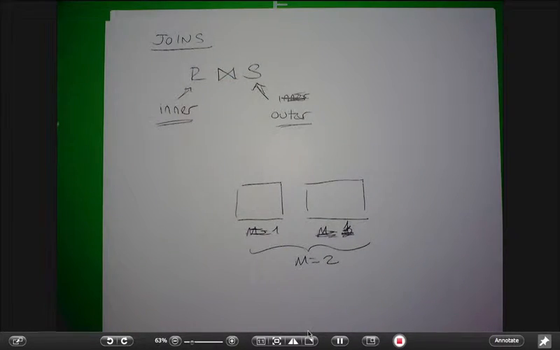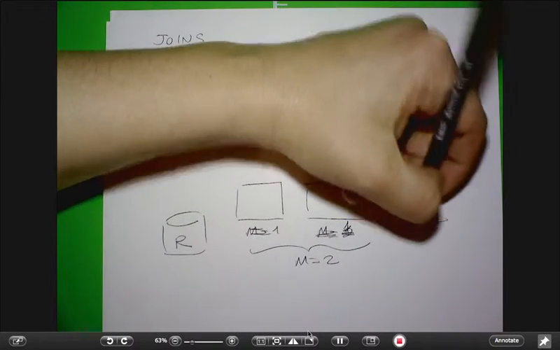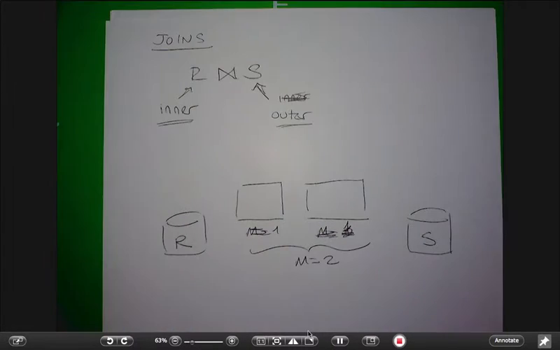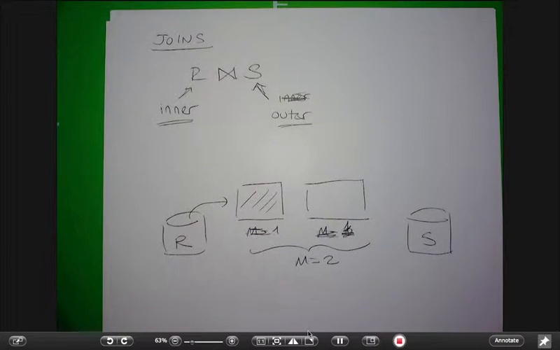You are going to use one for R and one for S. So you are going to read one page of R in here. This one page of R has multiple tuples, but all of the tuples have to be checked against every single tuple in S, right, to see whether they join.